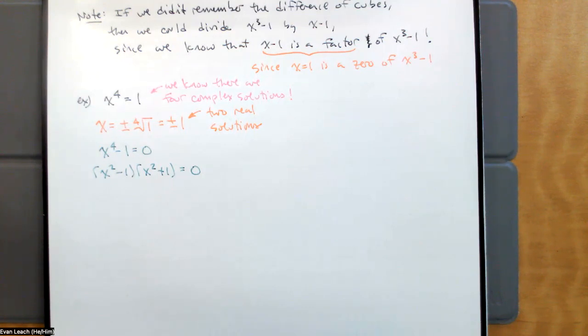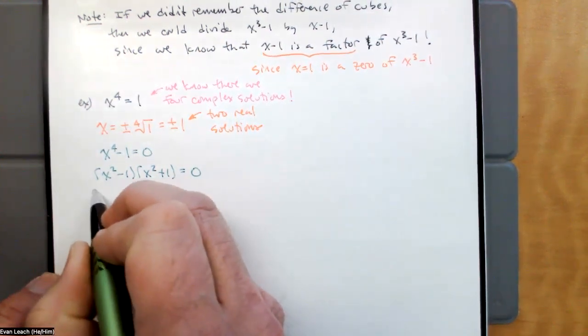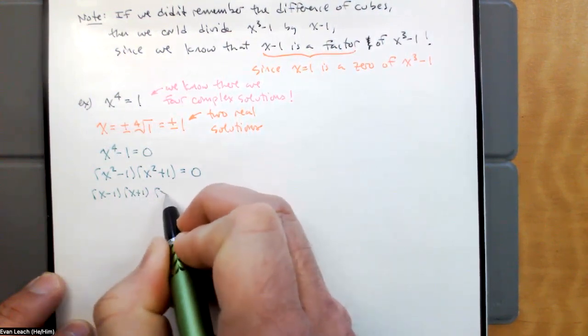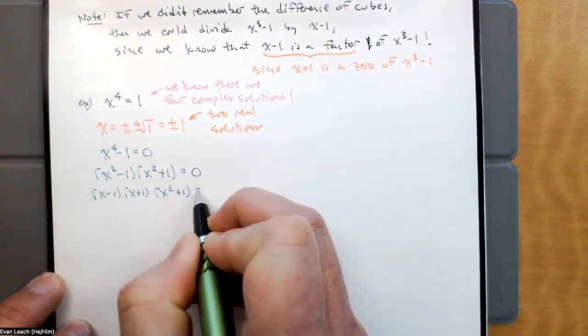Since x to the 4th is even, I can say x to the 4th minus 1 is x squared minus 1 times x squared plus 1, using the difference of squares. At this point, I can use the difference of squares again. x squared minus 1 can also be factored: x minus 1 times x plus 1. And then we still have this x squared plus 1 to deal with.